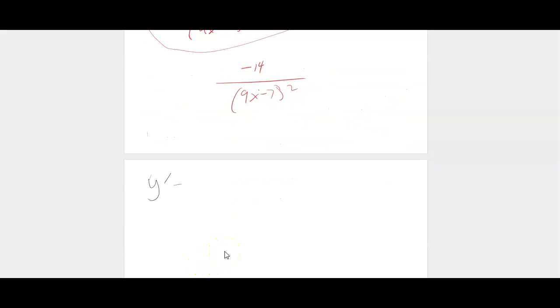First I dealt with the derivative of the square root, which is 1 over 2 square roots of 2x over 9x minus 7, times this red part, which was negative 14 over 9x minus 7 squared.